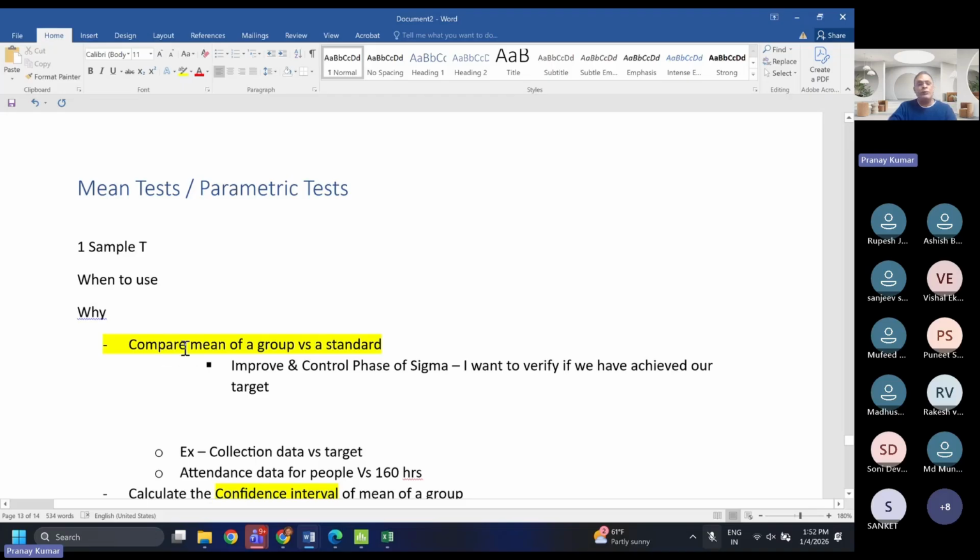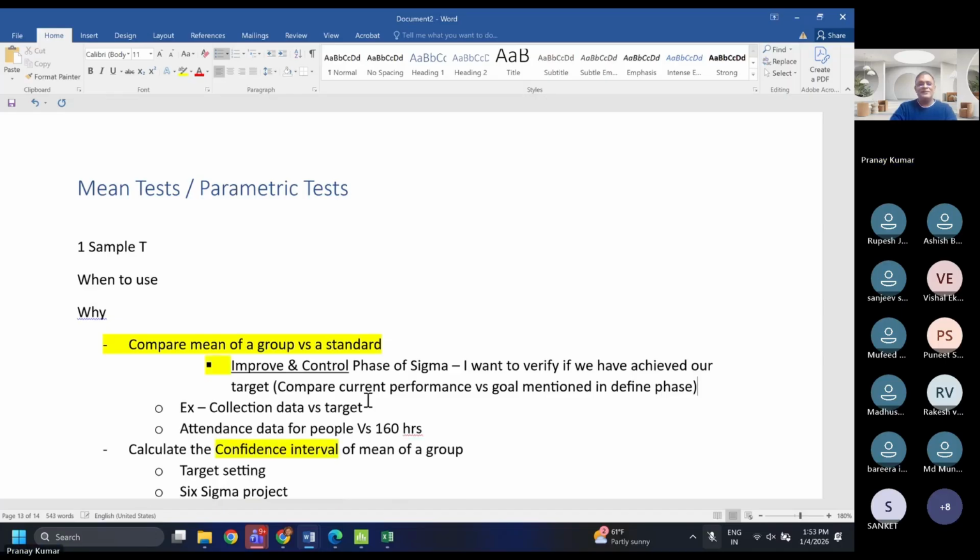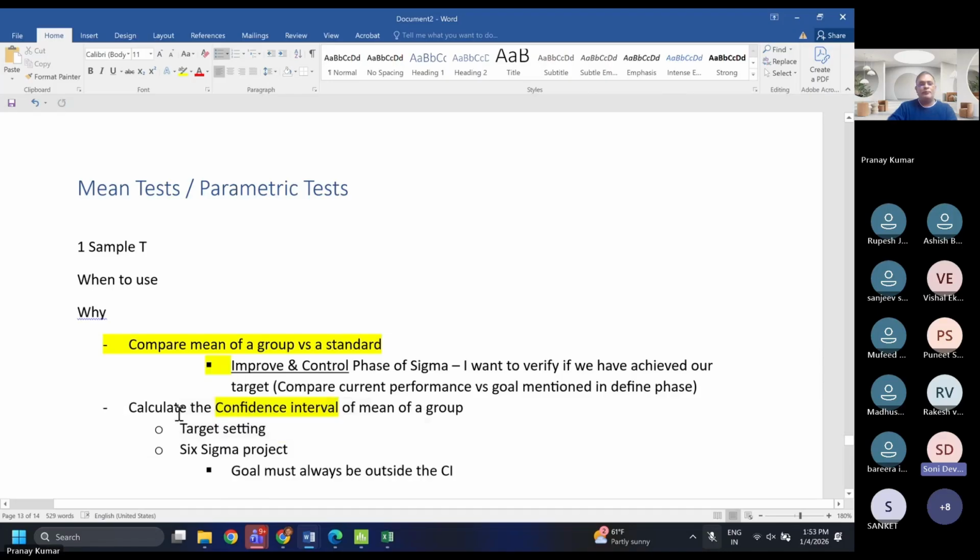That you could compare mean of a group versus the standard. To improve control phase of Six Sigma में you will have to check whether goal statement has been achieved or not. Correct everyone? सर ये स्टैंडर्ड क्या है? मतलब मीन ऑफ द ग्रुप तो क्लियर है, बट स्टैंडर्ड क्या है यहाँ पे?